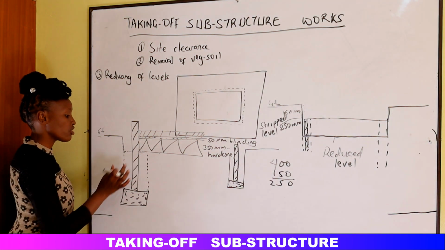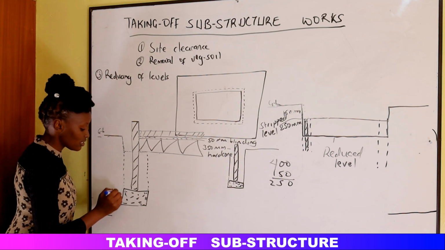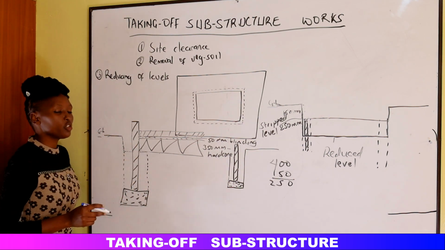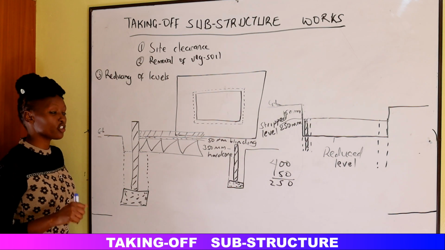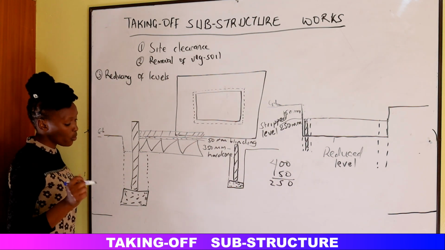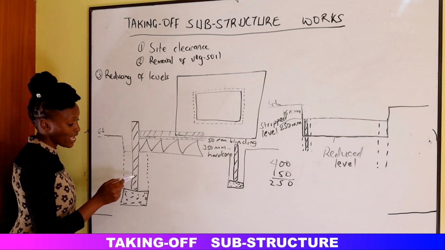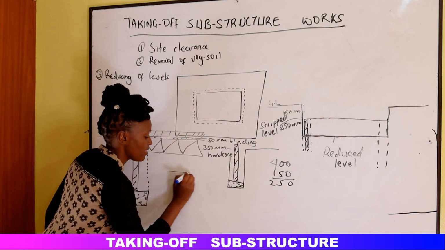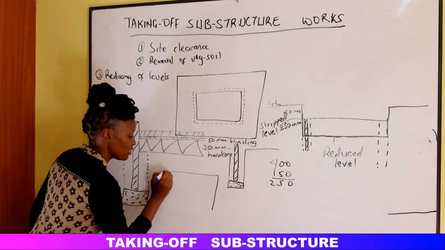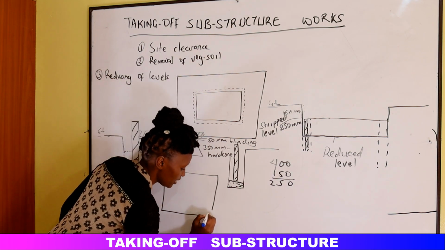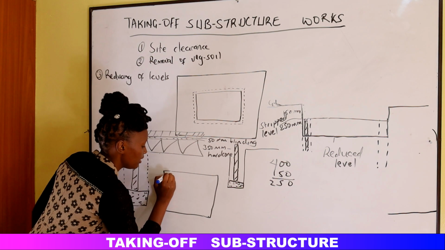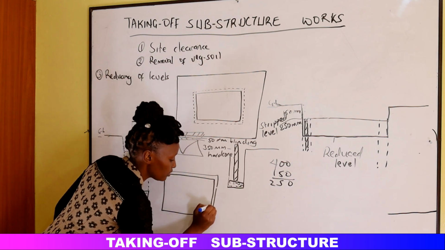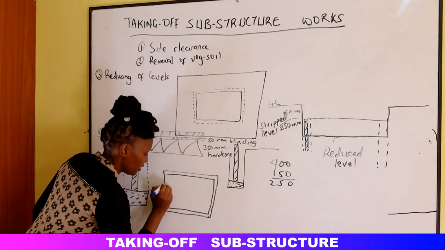You see, this is a strip foundation. So this is the trench. So that we can price the excavation of the trenches, we will need to calculate the length of the trench. So that brings us to the other. This is the building. Assuming we are using a very simple building, like a rectangular building, and you have been told that this is the wall.